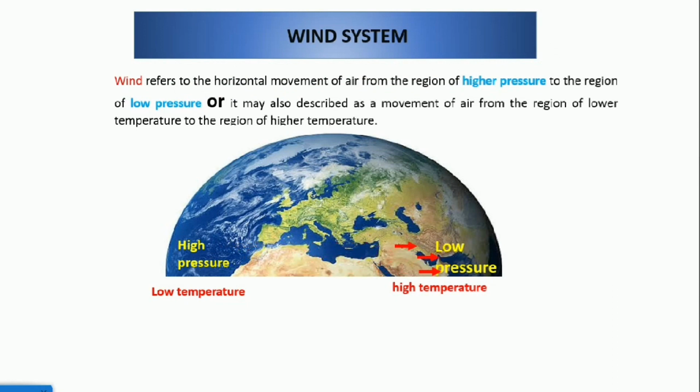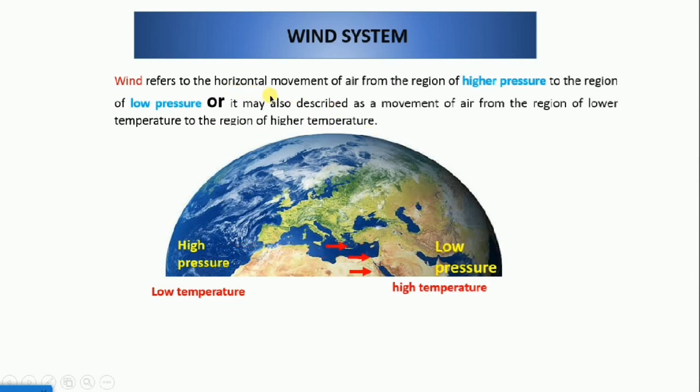In conceptualizing the wind, by definition, wind refers to the horizontal movement of air from the region of higher pressure to the region of lower pressure, or it may also be described as the movement of air from the region of lower temperature to the region of higher temperature.